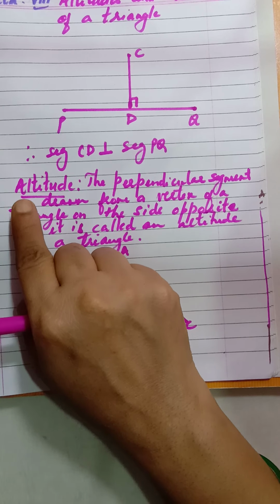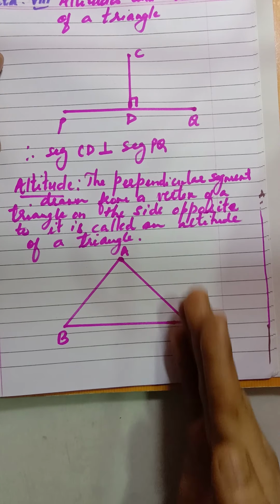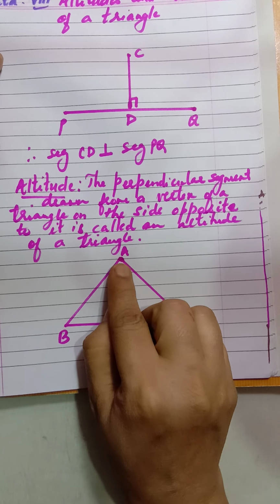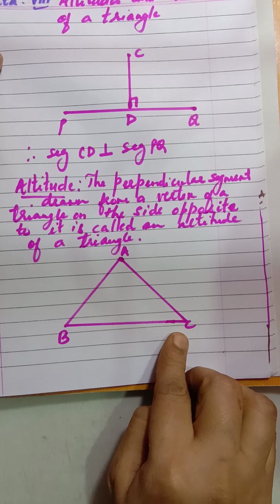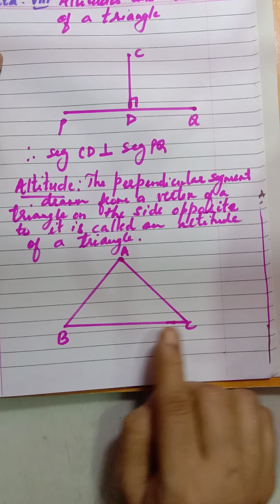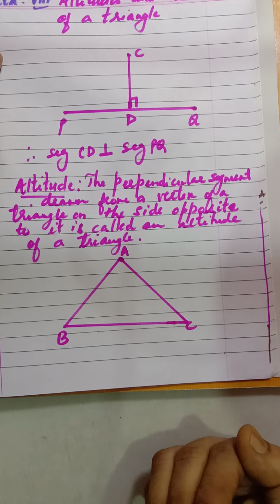So what does this statement mean? It means that you are drawing a perpendicular segment from a vertex, from any vertex. Now you know a triangle has 3 vertices, A, B, C, right? So a triangle has 3 vertices and 3 sides. Now for this vertex A, which side will be opposite?